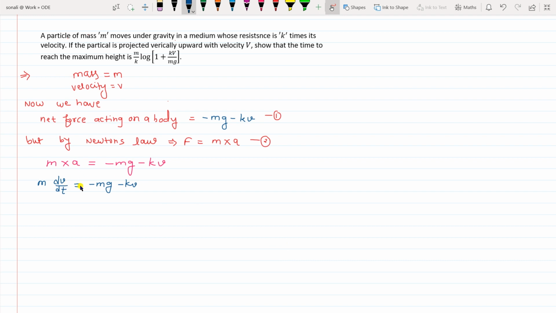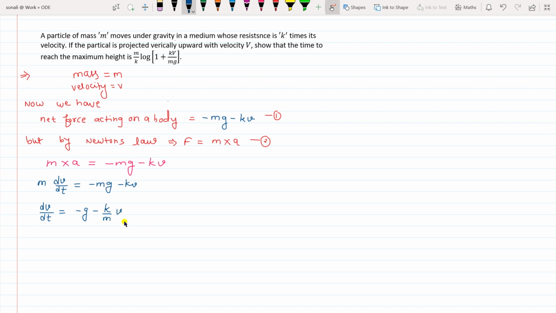So if you observe, this is a linear differential equation in v, because we have the term v having degree 1 and its derivative also has degree 1. So let's solve this equation as we solve the linear differential equation. First of all, divide by m throughout the equation. So here m will get cancelled, minus k/m into v.